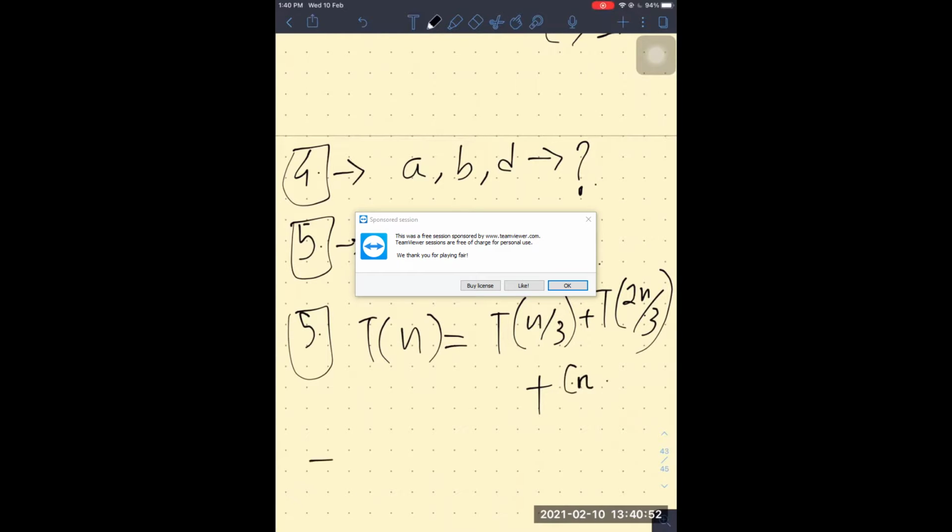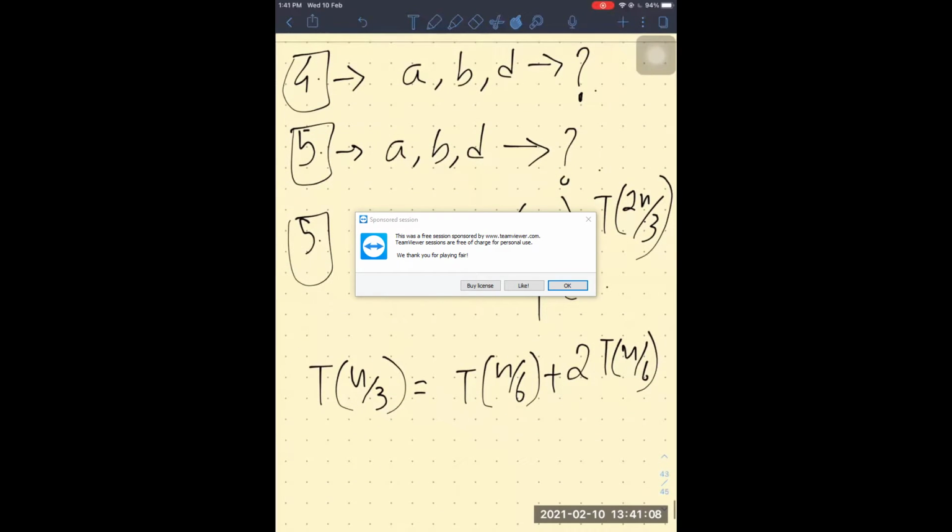For the next term, T(n/3) will be T(n/6) plus 2 times T(n/6). Not this, the 2 is inside: T(2n/6), plus c times n. As you can see, the value of b here is 6, but the value of b for this one is 6 divided by 2.